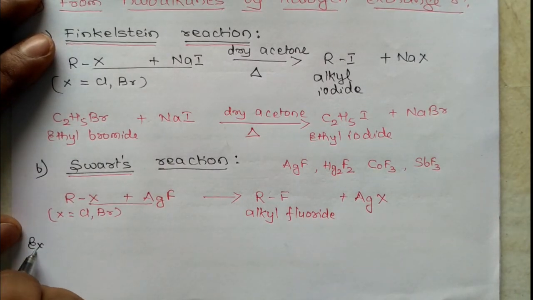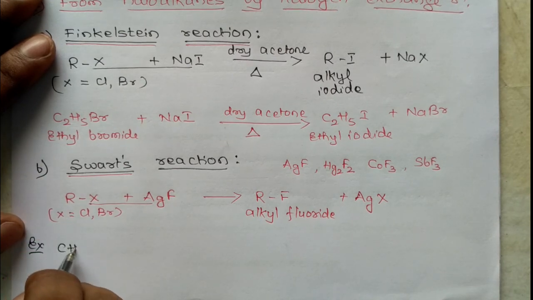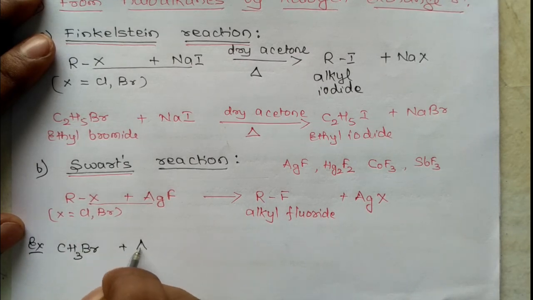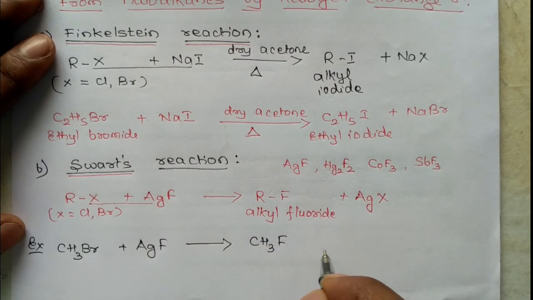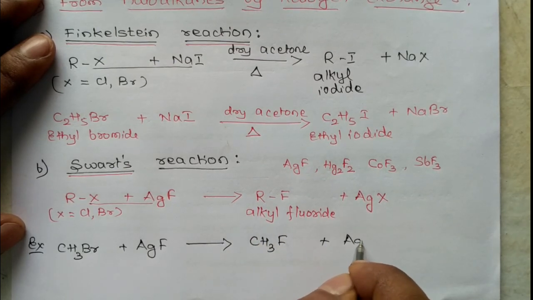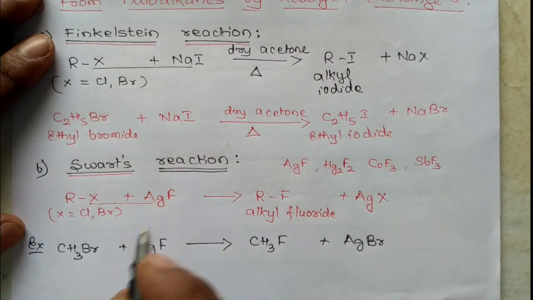Let us see one example. CH3Br, methyl bromide, plus silver fluoride. You are going to get methyl fluoride, CH3F, plus silver bromide. This reaction is known as Schwarz reaction.